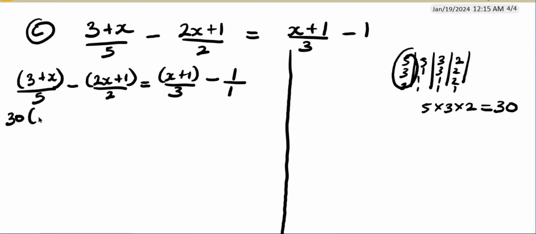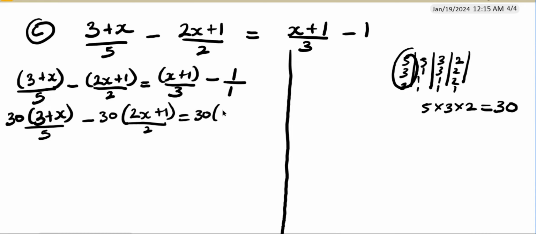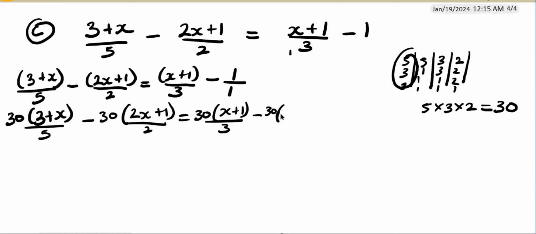So 30 into (3 + x)/5 minus 30 into (2x + 1)/2 equal to 30 into (x + 1)/3 minus 30 into 1/1.